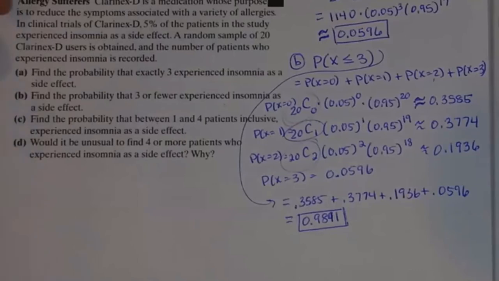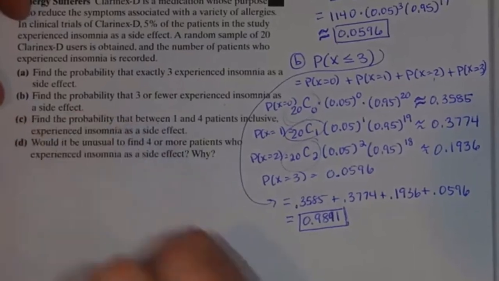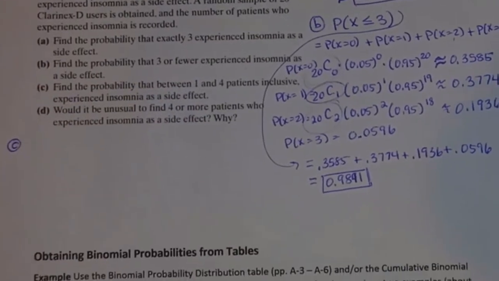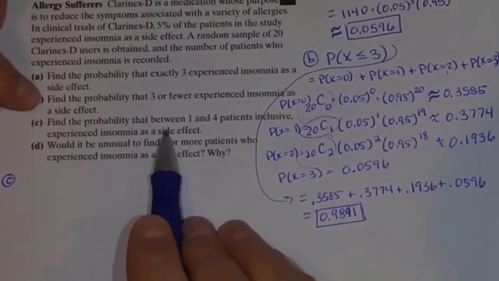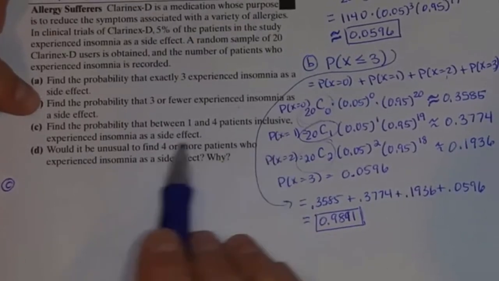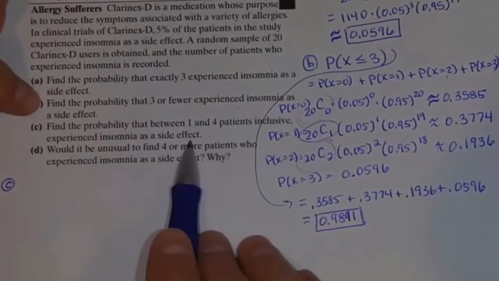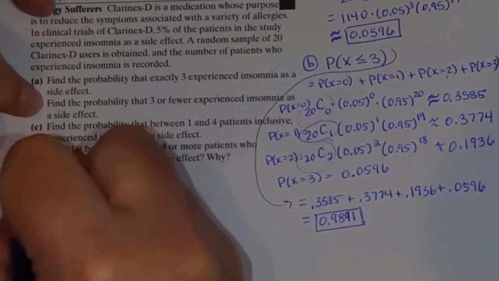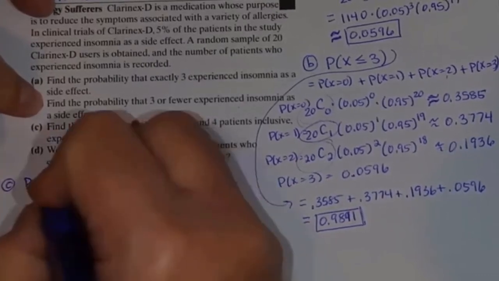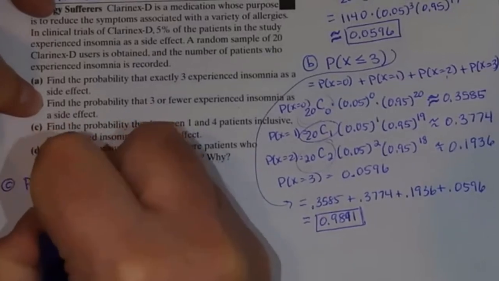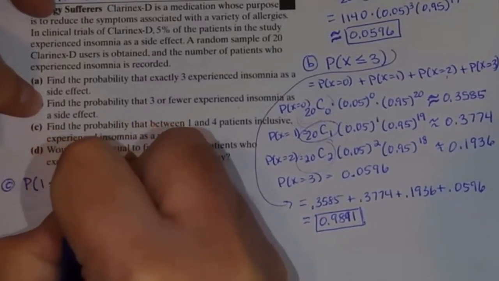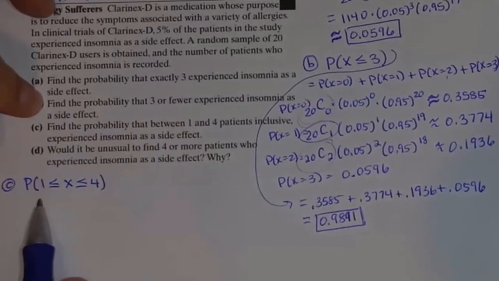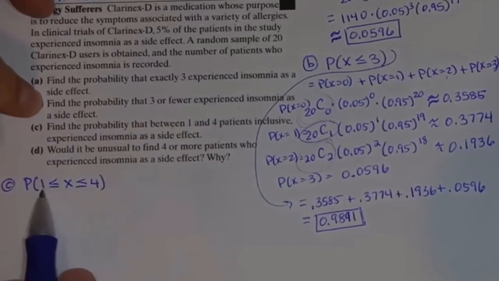What about C? Find the probability that between 1 and 4 patients inclusive experience insomnia as a side effect. So this time we're looking for the probability that the number of successes is between 1 and 4 inclusive. 1 and 4 inclusive means x has to be greater than or equal to 1 and x has to be less than or equal to 4.